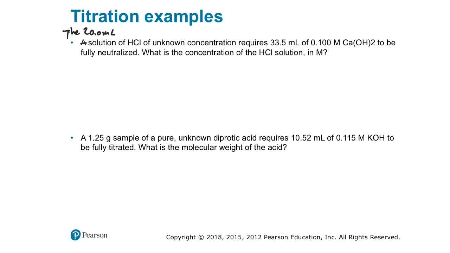Okay, so let's take a look at a couple titration examples. Let's say that the 20 mL solution of acid that was being titrated on the previous page took 33.5 milliliters of 0.100 molar calcium hydroxide to be fully neutralized. Now what this means is we're taking 20 milliliters of HCl of unknown concentration, and we're taking a burette filled with the calcium hydroxide solution, and we're adding it dropwise until that pink color persists.